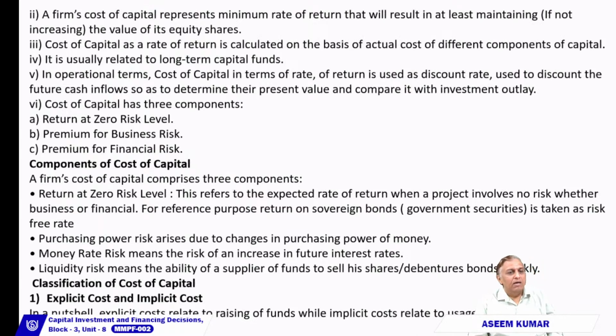Once again, return at zero risk level. This refers to expected rate of return when a period involves no risk, whether business or financial. For reference purpose, return on sovereign bonds, government securities is taken as risk-free rate.